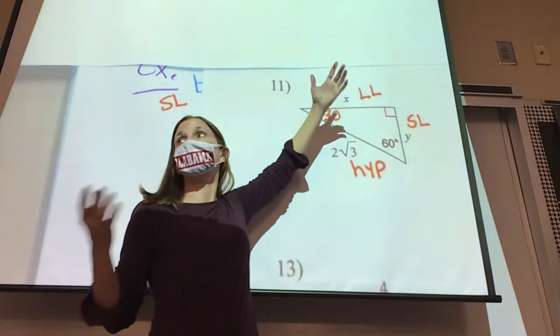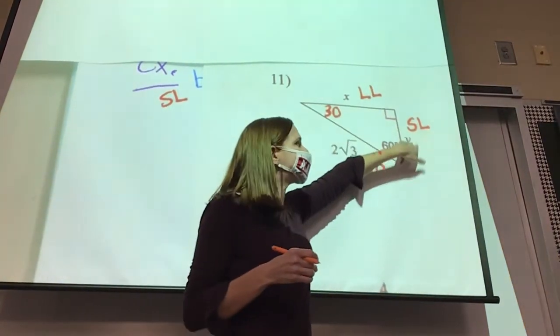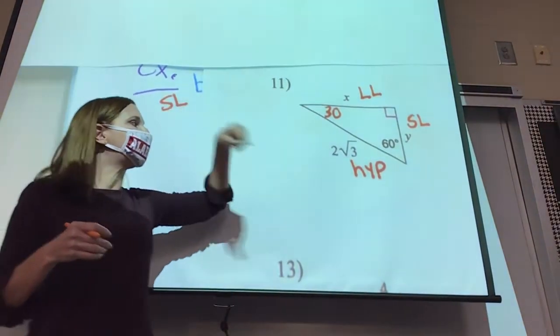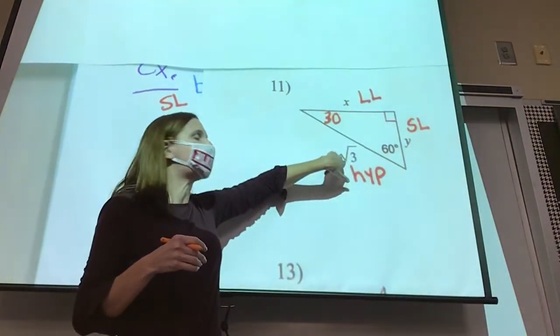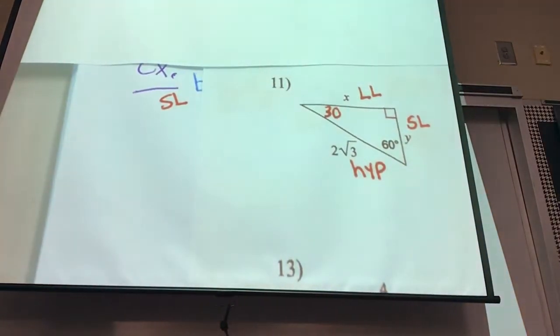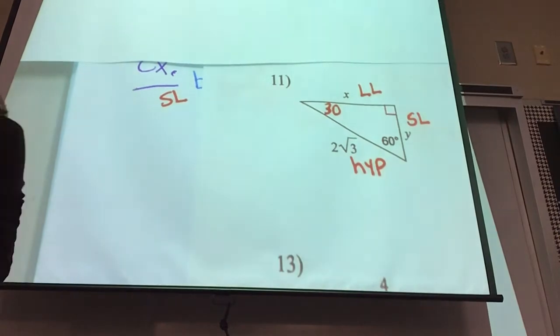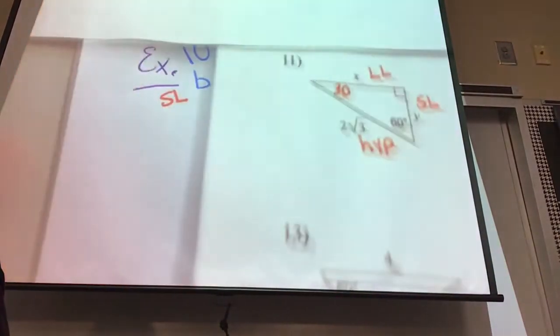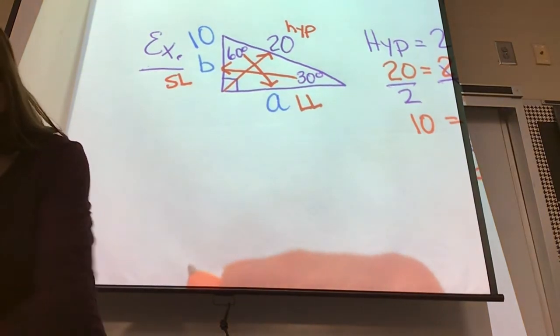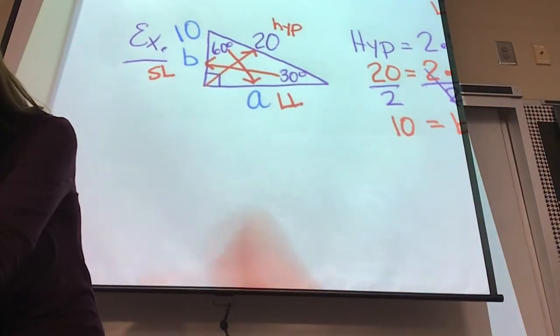Long leg doesn't have numbers, it has an X. Short leg doesn't have any numbers, it has a Y. So the only one I can fill in right now is going to be my hypotenuse. So I'm going to have to start with the hypotenuse problem and work that one out first. So that's what I'm going to do. So I'm going to remove this, and I'm going to go down here, and I'm going to start writing my two problems.